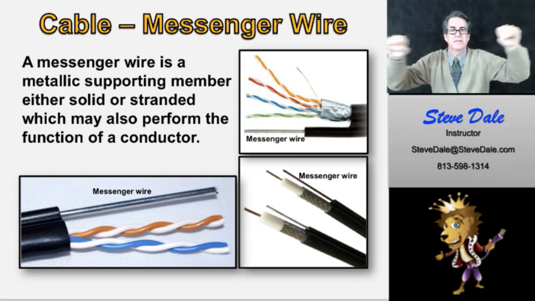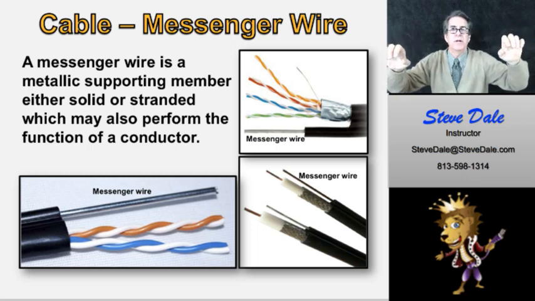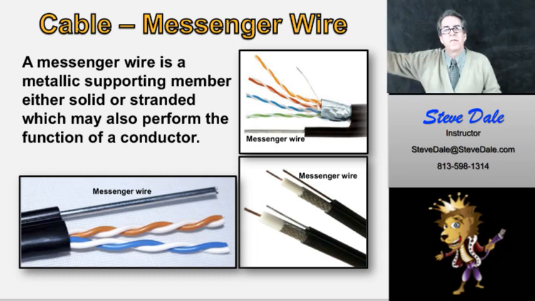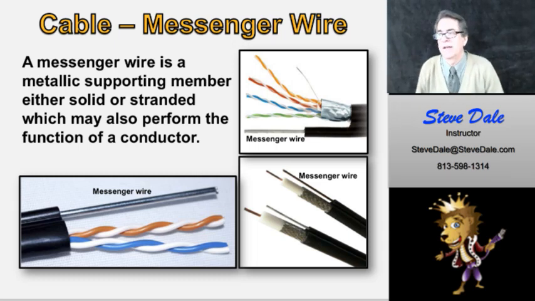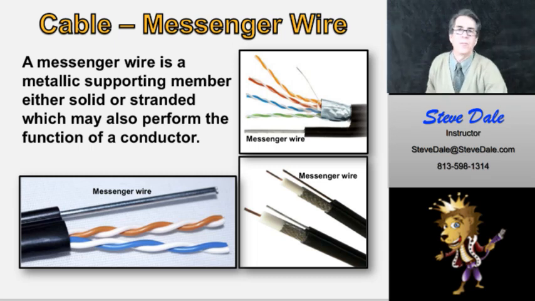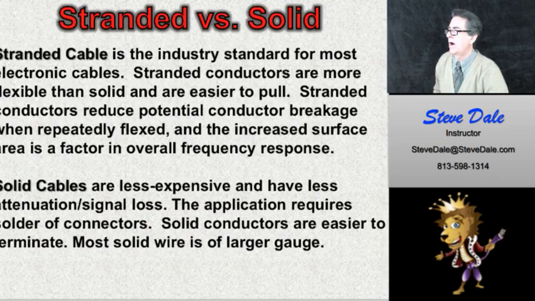Copper has a lot of stretchability to it. So you got to put some kind of a steel wire with that, and it's called a messenger wire. And it's attached to each side of the poles or the building and so forth, and it supports the strand so the wire and cable doesn't stretch, okay? So keep that in mind, messenger wire.